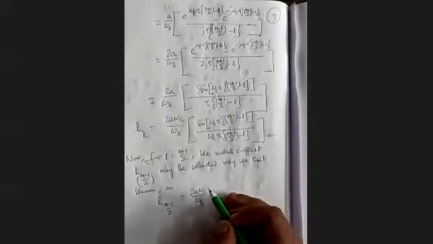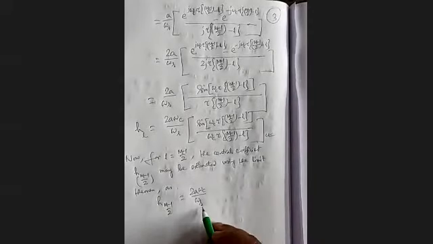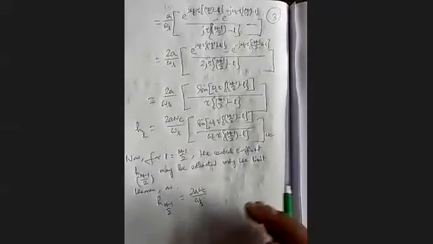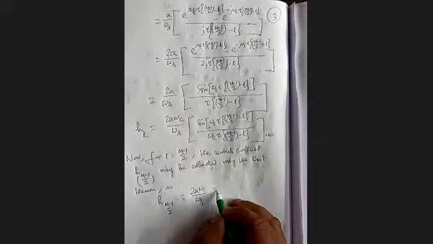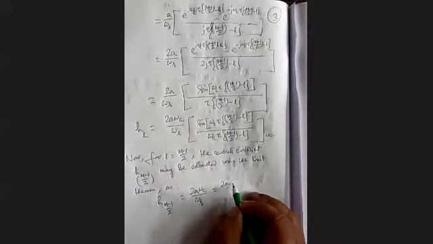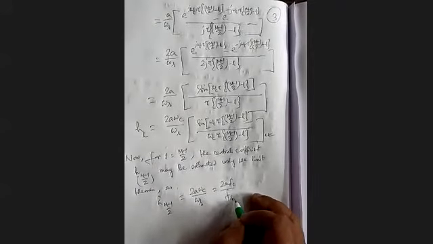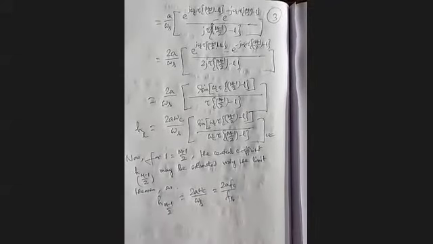Omega c is the cutoff frequency, omega s is the sampling frequency. These are all angular frequency, obviously. Or you can write 2 pi fc, so you can write 2a fc by fs also. No problem, you can write it that way. So that is our central coefficient.